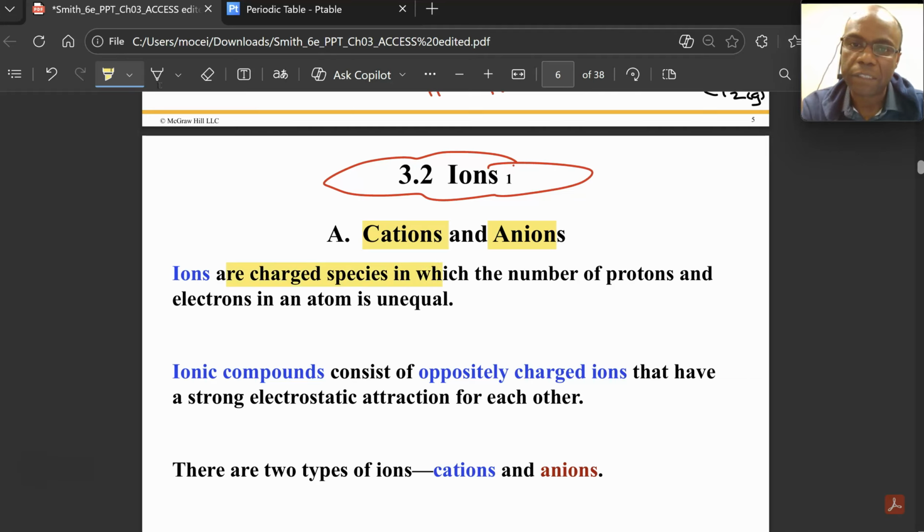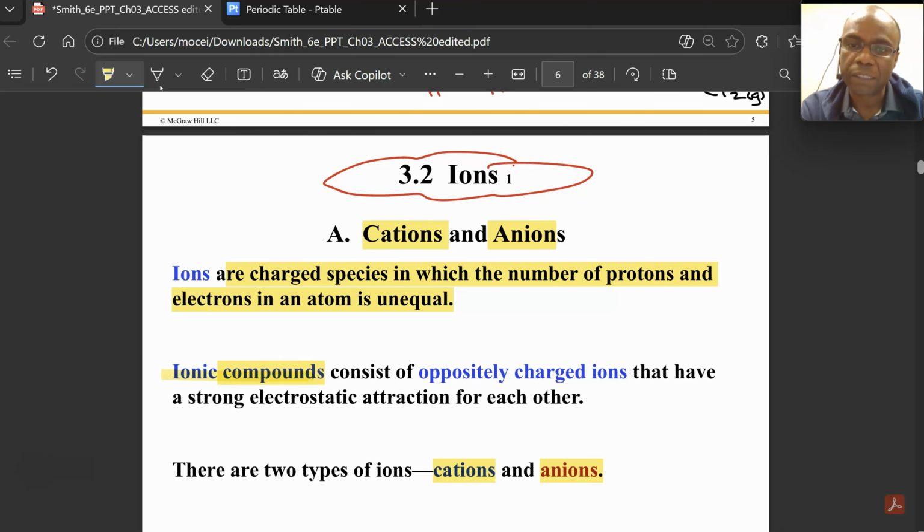Ions are generally charged species in which the number of protons and electrons in the atom are not matching. They are unequal. And if you have a charged particle that is positively charged, we call it a cation. If it's negatively charged, we call it an anion, not onion.